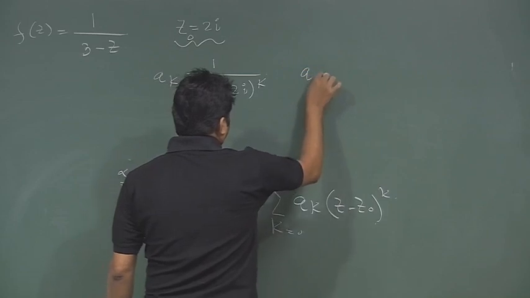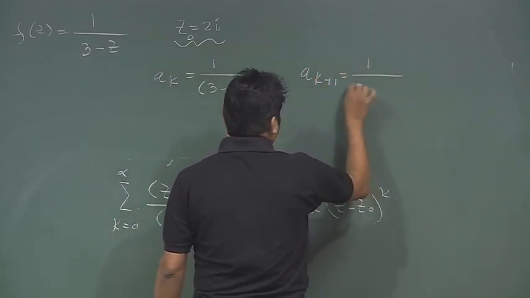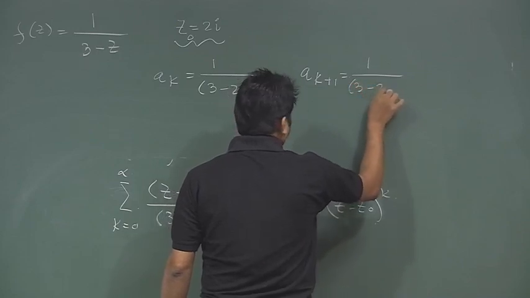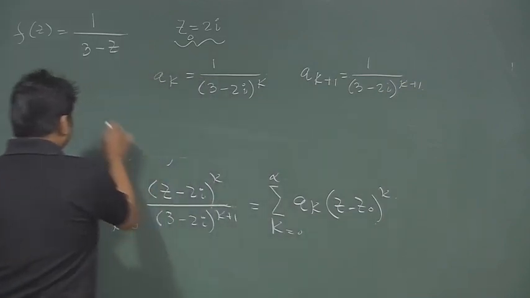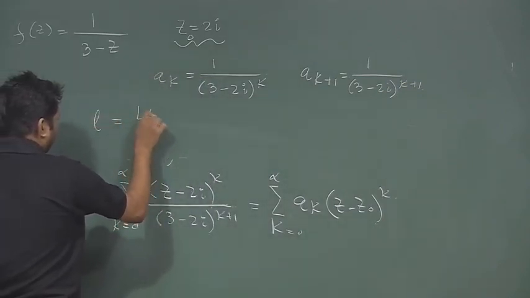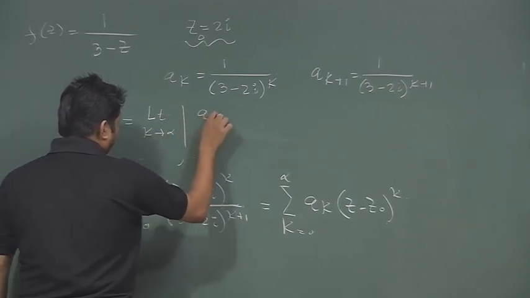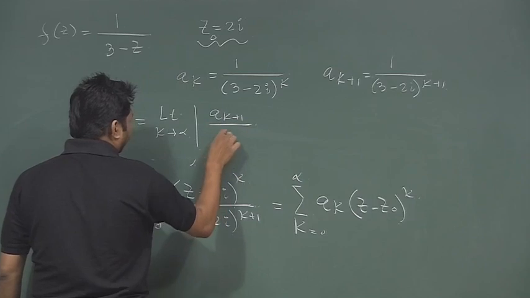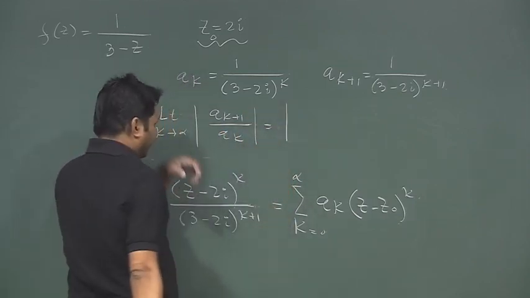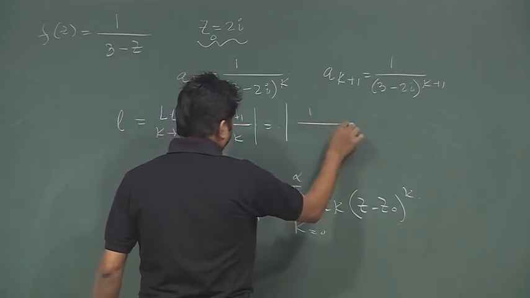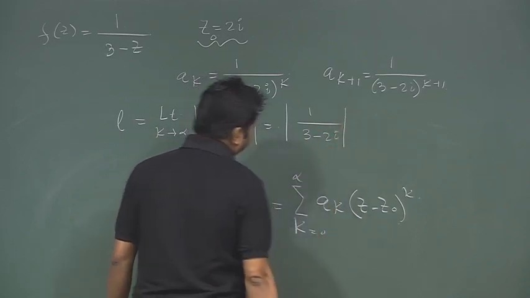So a_(k+1) is 1 divided by (3 minus 2i) to the power of (k+1), and my L, limit k tends to infinity of a_(k+1) divided by a_k, is straightaway I can write 1 divided by (3 minus 2i), this quantity.